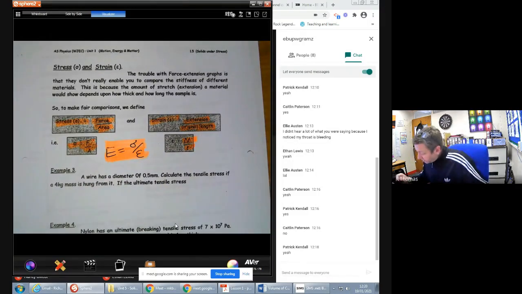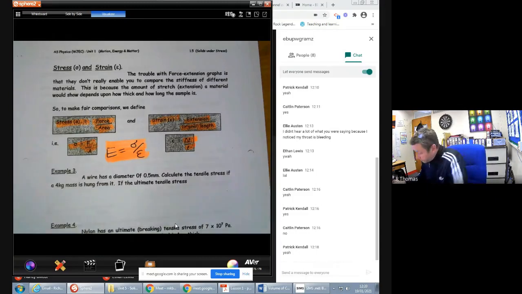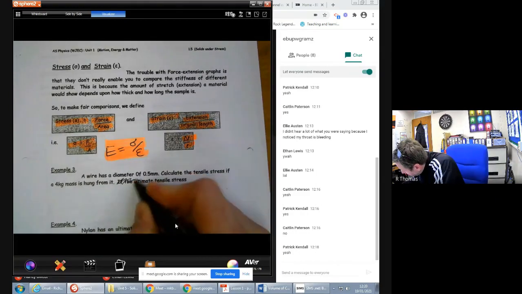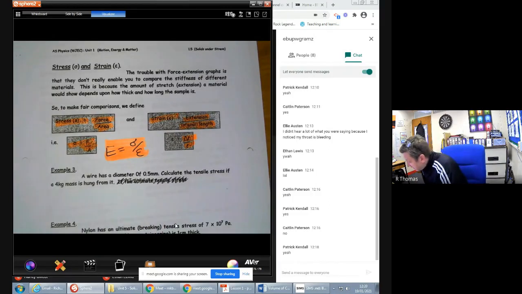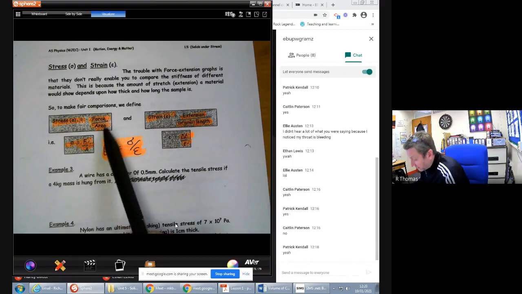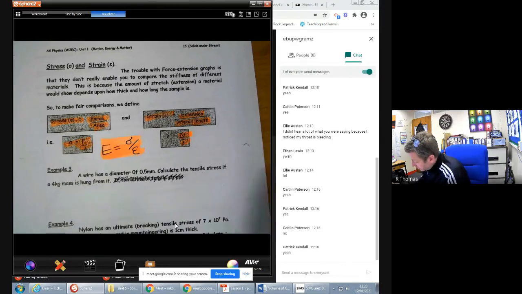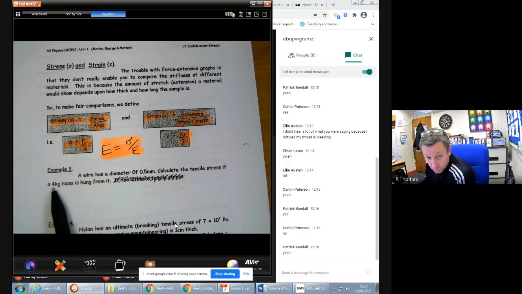So let's have a look at this question here. First of all, cross that out. I don't know why that's there. That's a misprint. A wire has a diameter of 0.5 millimeters. Calculate the tensile stress if a 4 kilogram mass is hung from it. So we're working out the stress, so we need the force divided by the area. The force, here's the common mistake now. People will put in 4 as the force, and it's not, right?